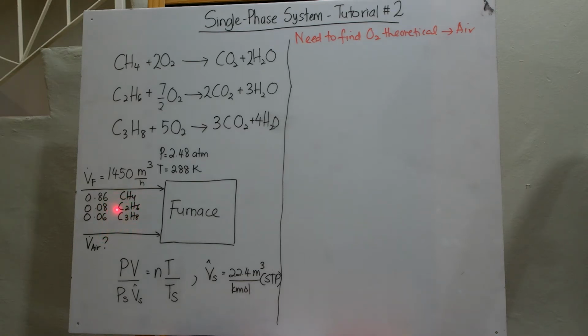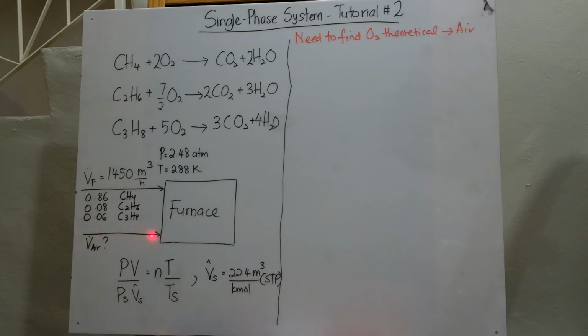If you have percent by volume, it is actually equal to mole fraction. If in the question you are given volume percentage, it actually equals the molar percentage. You can just use it as mole percent.